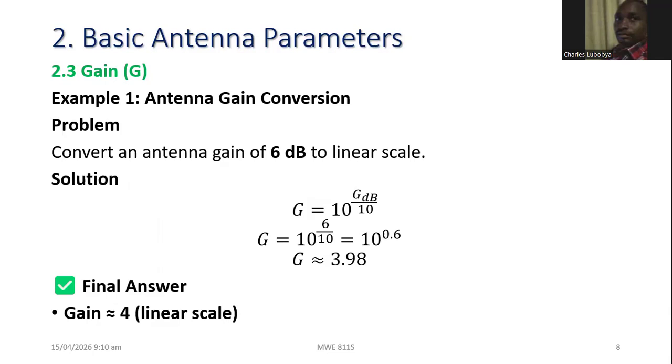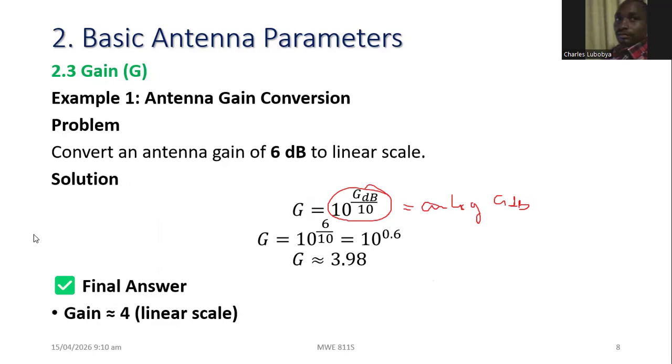The equation you are seeing here can actually be done using a calculator. It's essentially the same as an antilog of G, the gain in decibels. So just take the antilog of that. We are essentially converting gain from decibels to a linear scale.